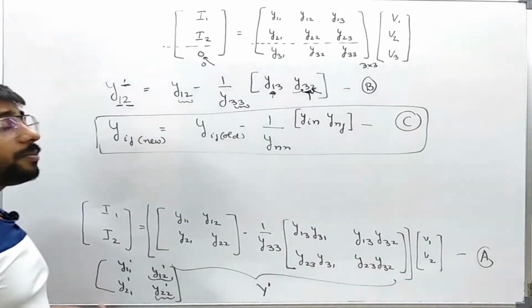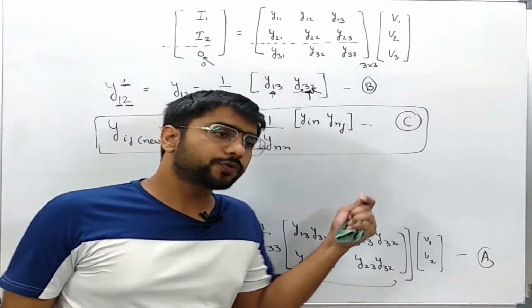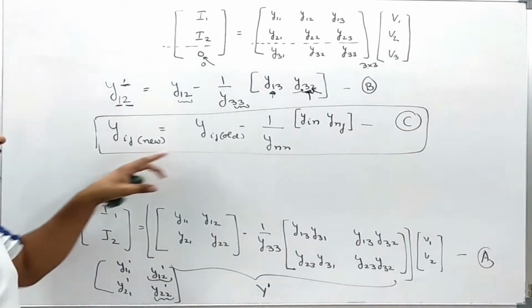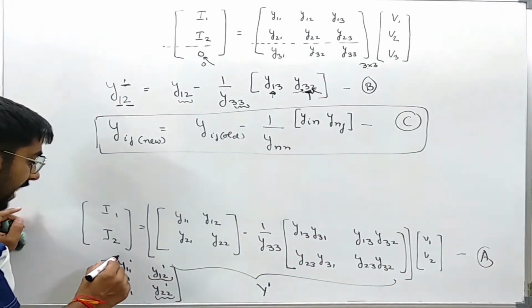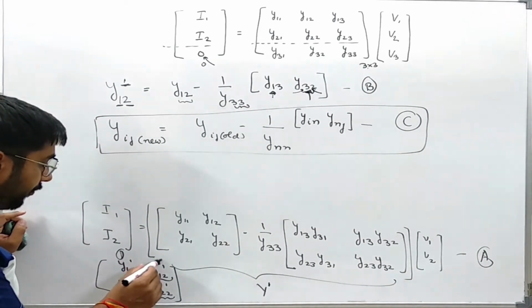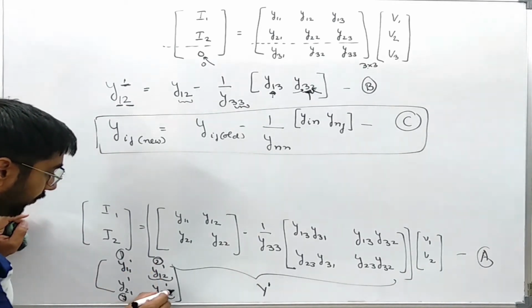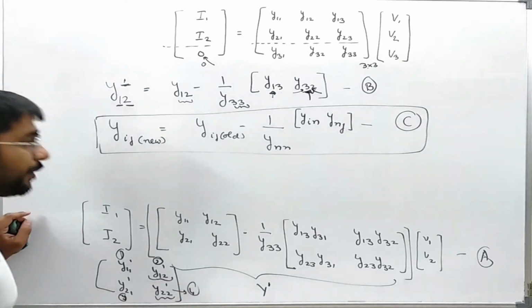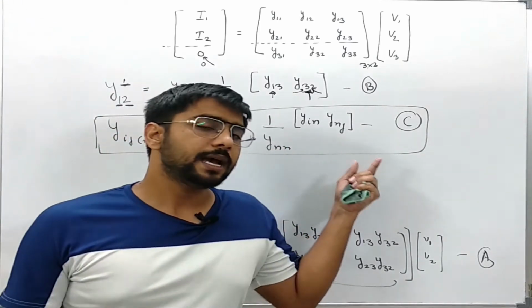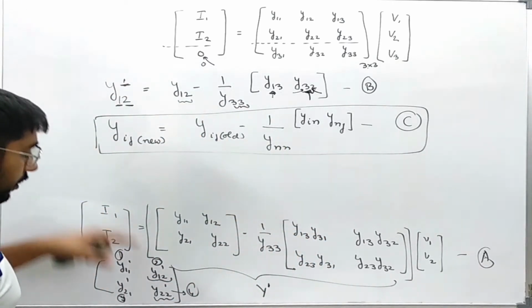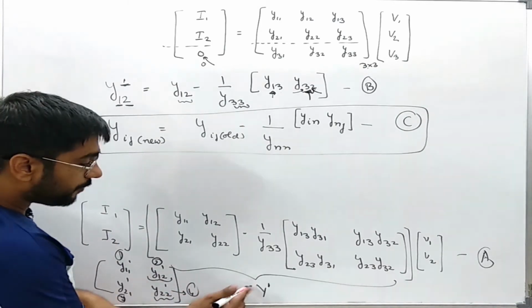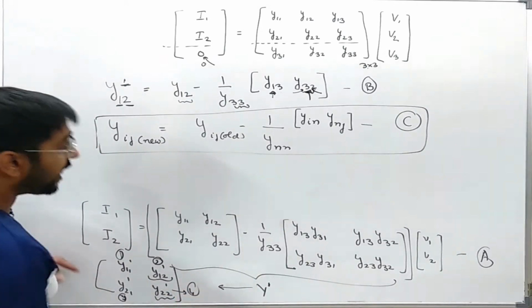However, this formula will be required to be utilized for each and every element. Like here, I will have to utilize it 4 times. First for this, second for this, third time for this, and fourth time for this. So by utilizing this formula 4 times, I can write the new admittance matrix which was nothing but Y prime.